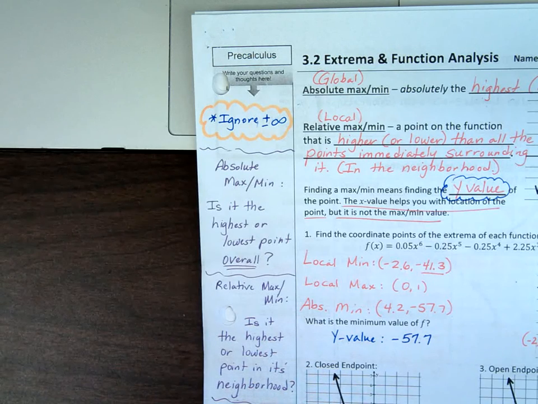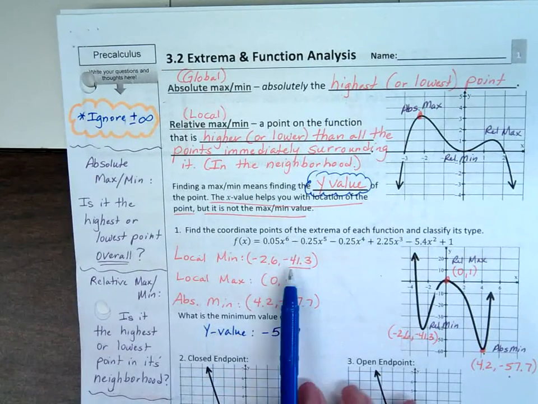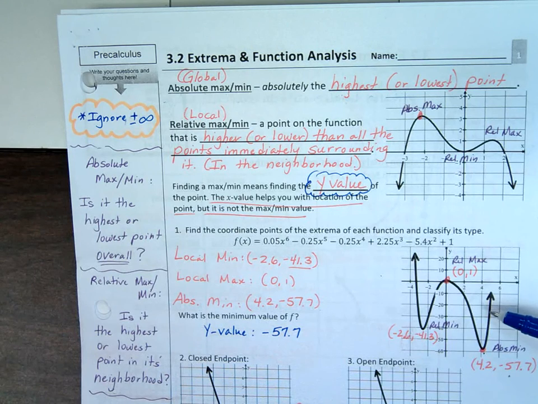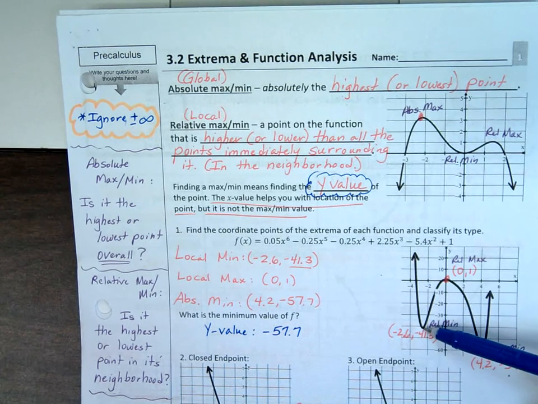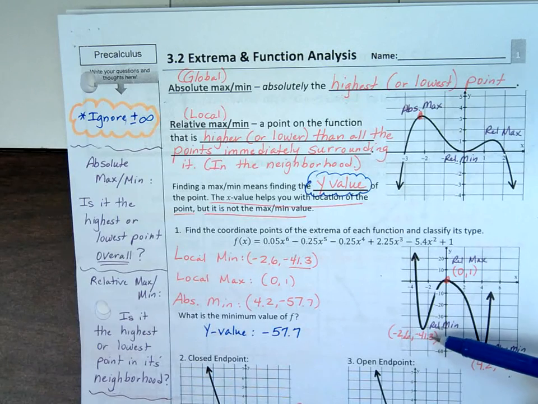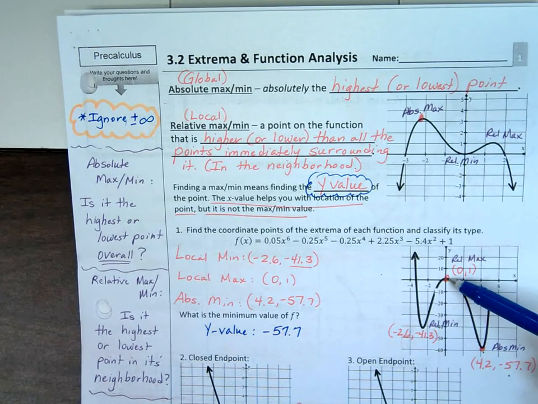So he graphed this beastly function over here of 0.05x to the 6th. This guy here, he graphed. And he got this picture. This is your picture for the graph. And so he went through and he talked about what these coordinates were. So he used negative 2.6, negative 41.3. This right here was 0, 1.